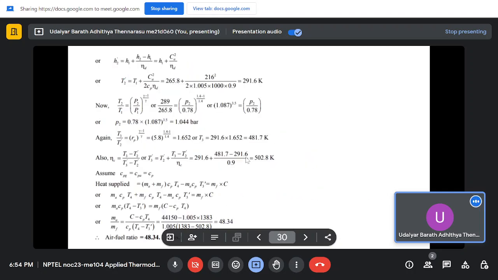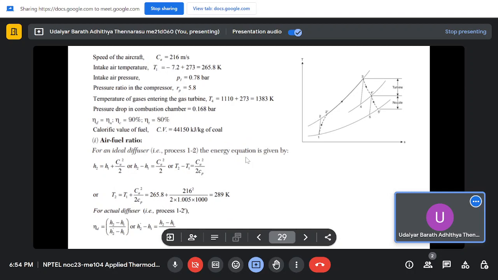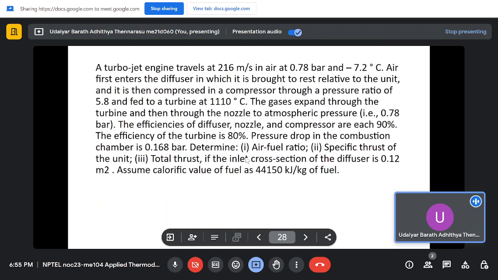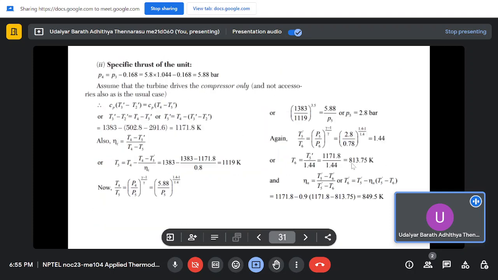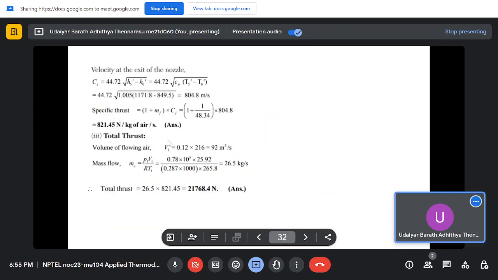The problem gives that the cross section of the diffuser is 0.12 meter square. Area into the inlet velocity will give the volume flow rate. So 0.12 into 216 meters per second will give the volume flow rate of air coming into the diffuser.